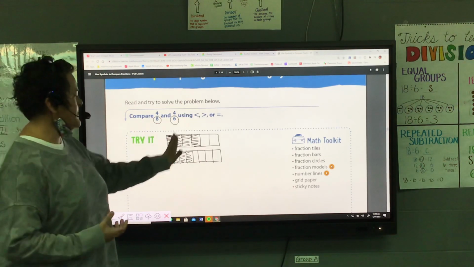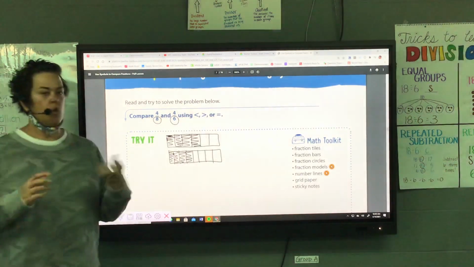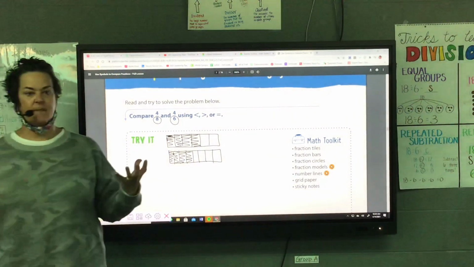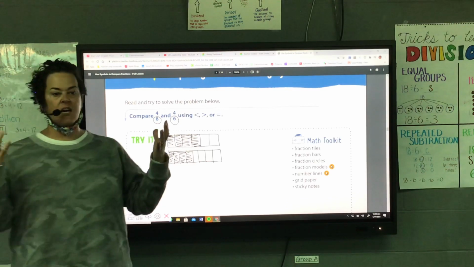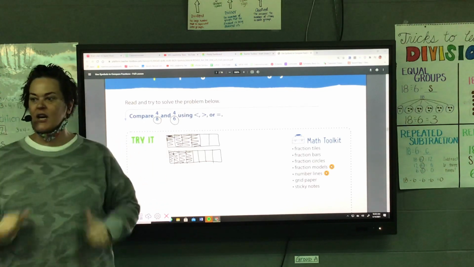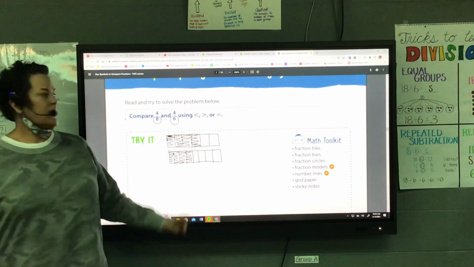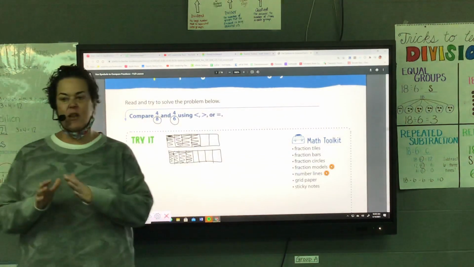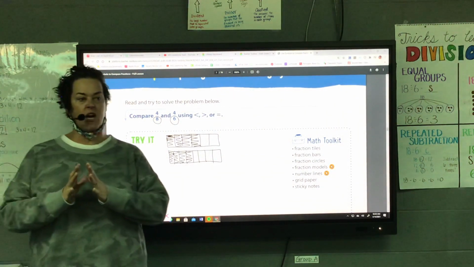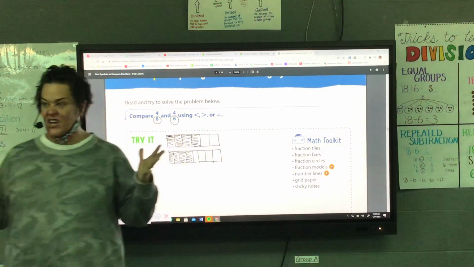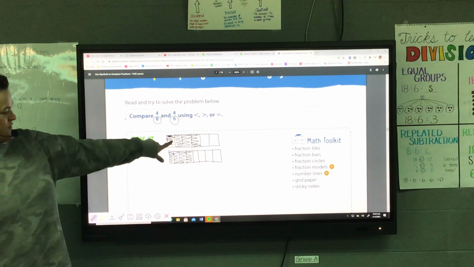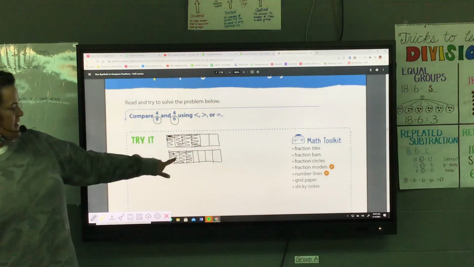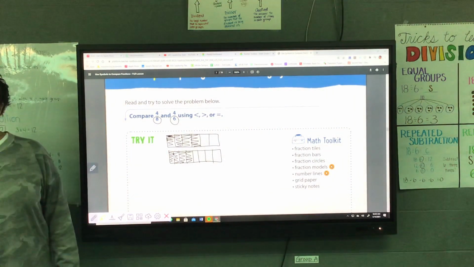But what happens to all the pieces when our denominator gets bigger? If the denominator's bigger, the pieces are smaller. When the denominator has a smaller number, the pieces are bigger. Do you notice that? Yeah. This is 4/6, and this one is 4/8.